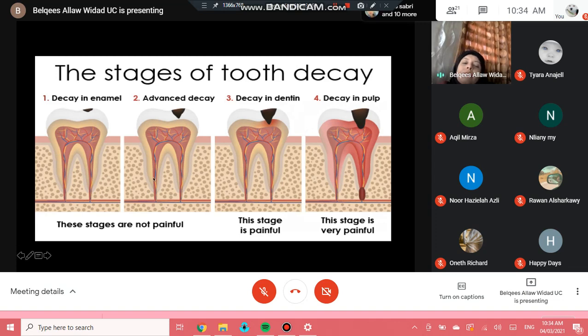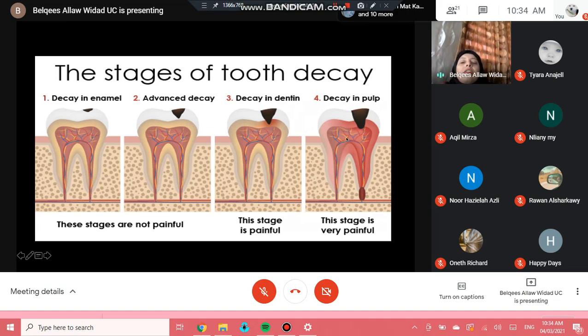Of course, if it stays at the enamel level, there is still no pain. The patient will not feel pain if the caries is only at the enamel. But if it starts to reach the dentine, it will be painful when he eats or drinks hot or cold or sweet.